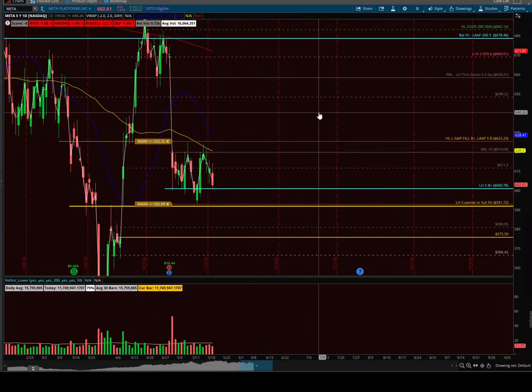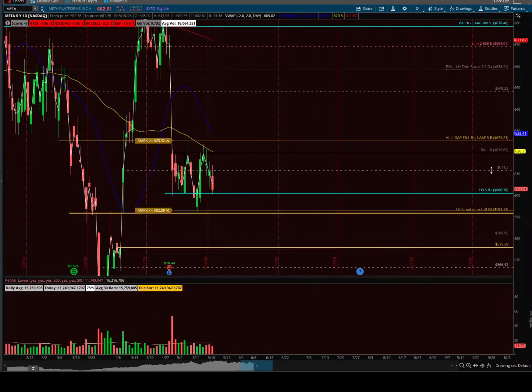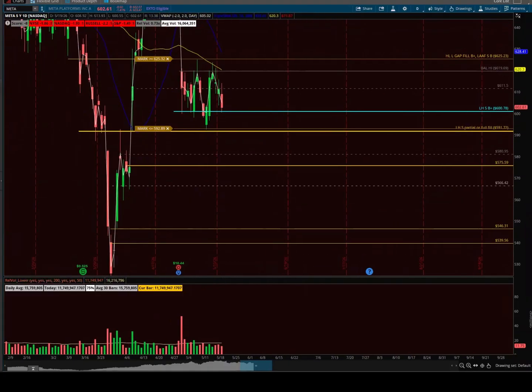I think that's the better answer at this point. So here's what we're looking for on Meta. I'm definitely going to be watching this one. If there is a clear lower high below 675, I think that's fair for a short.